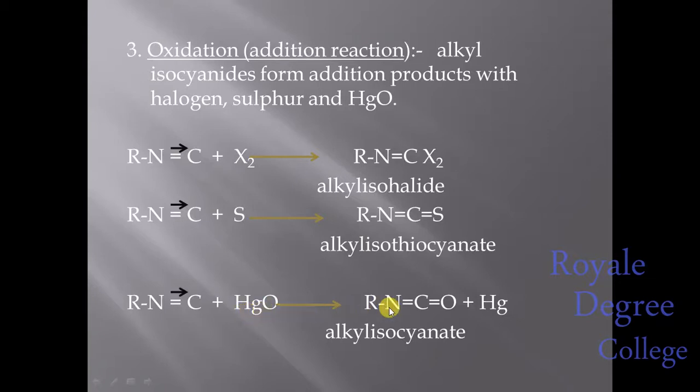R single bond and double bond carbon, then double bond with the oxygen. So R is alkyl, NC is iso, and O is attached to the iso group, na? So it is isocyanate, alkyl isocyanate. Then mercury we are getting as a side product.